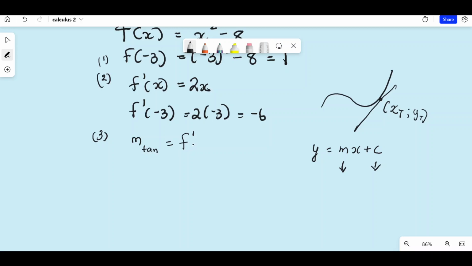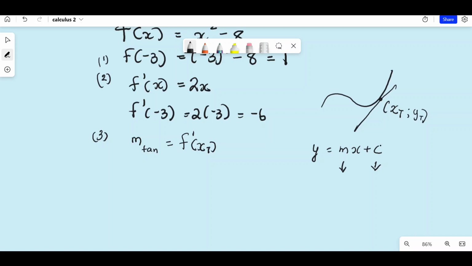The derivative is also the gradient of the function at any point, or the gradient of the tangent. But here when we take the gradient, you take the gradient at that point of contact. So the gradient of the tangent is f prime of xt, where xt is the point of contact. That's how we find the gradient.